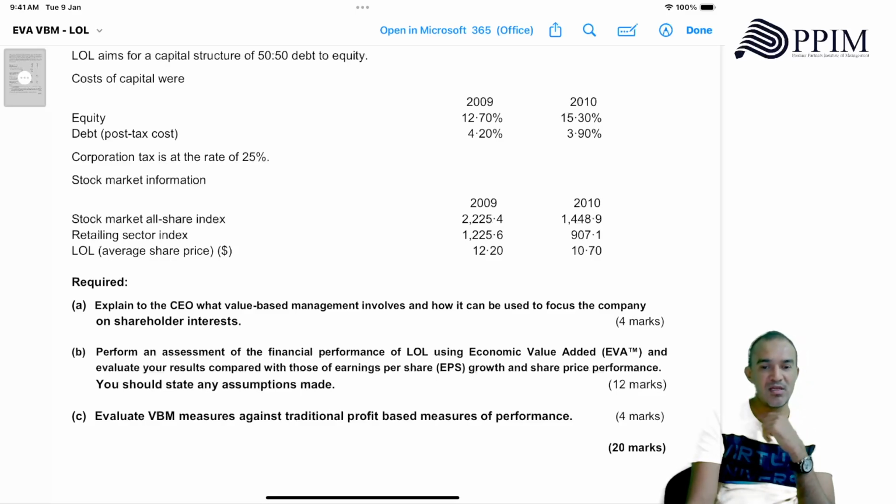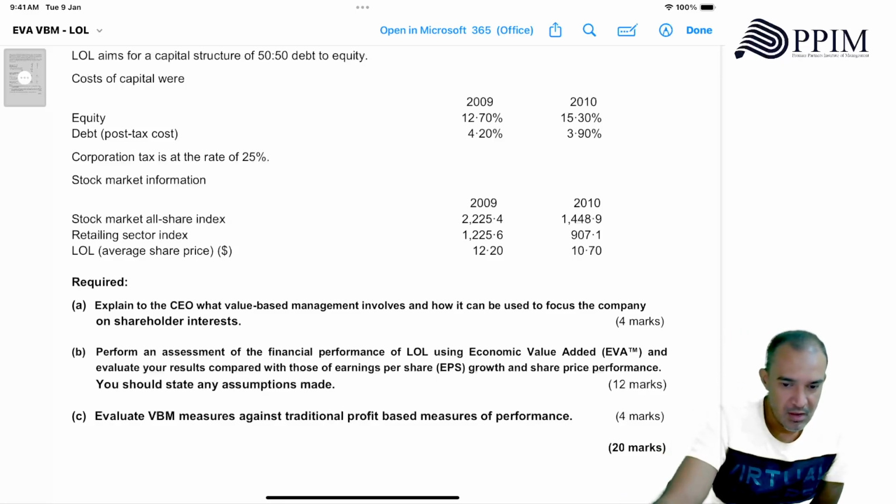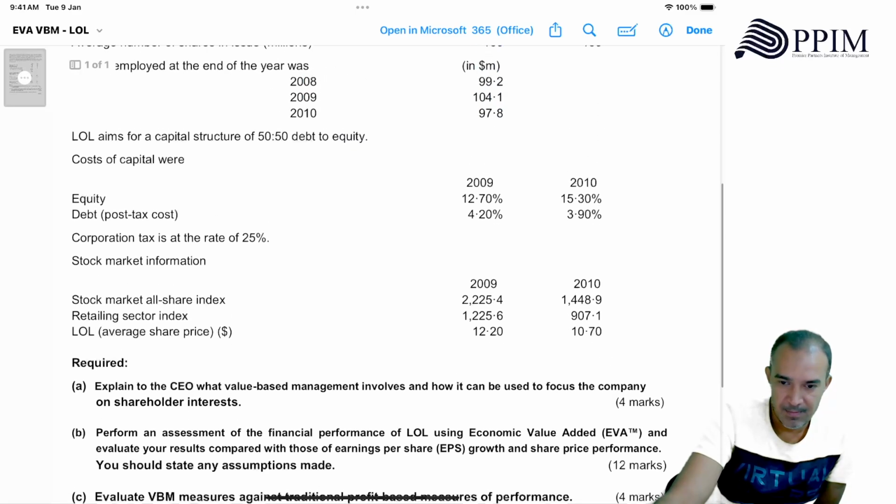Do the calculations. Perform an assessment of the financial performance of LOL using EVA and evaluate your results compared with those of earnings per share growth and share price performance. You should state the assumptions made, right?